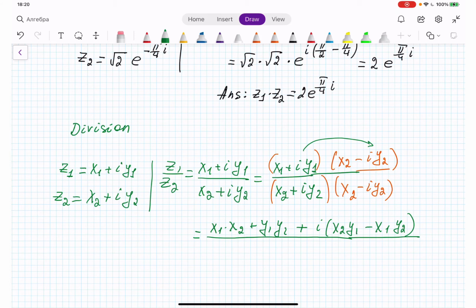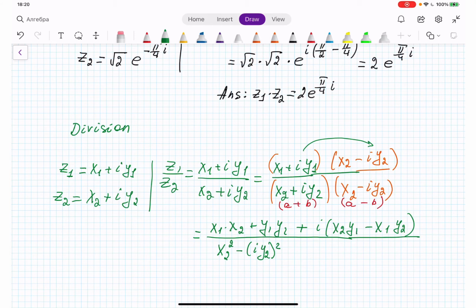Now, in the denominator, we have a plus b times a minus b, so it's the formula a squared minus b squared, which means we have x2 squared minus i y2 squared.